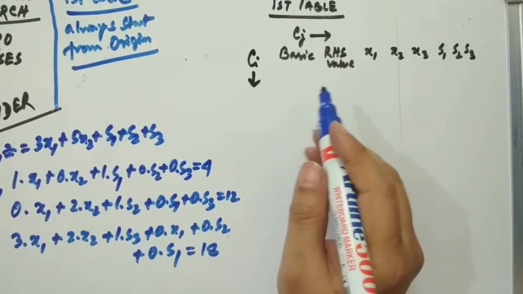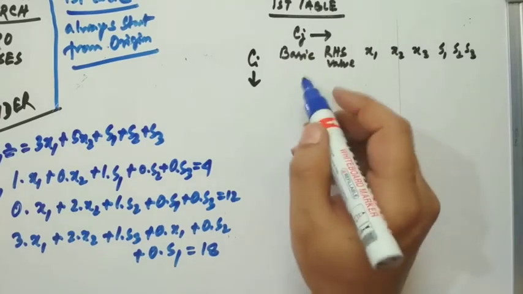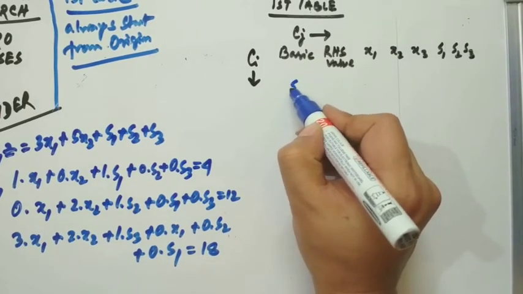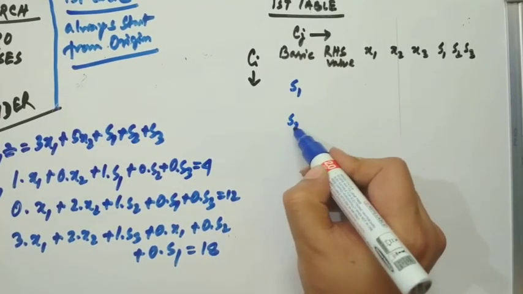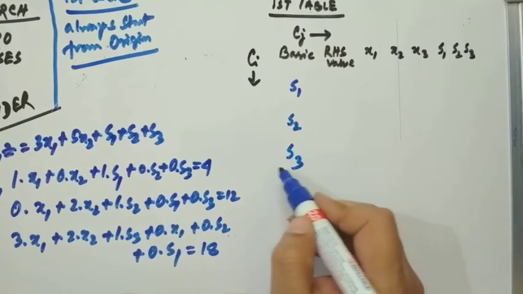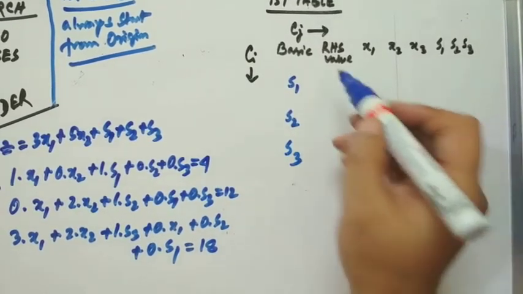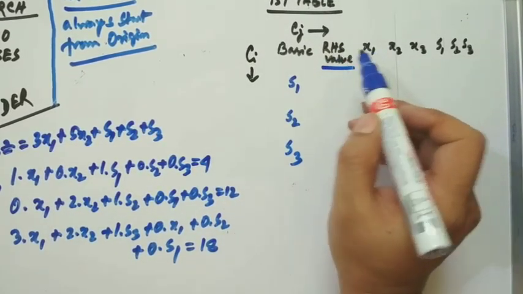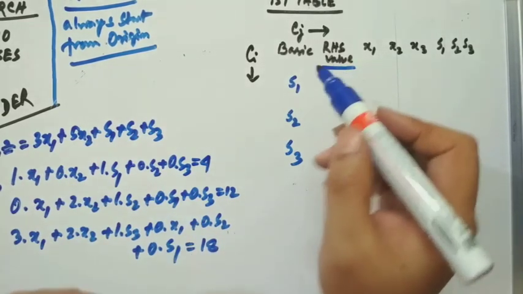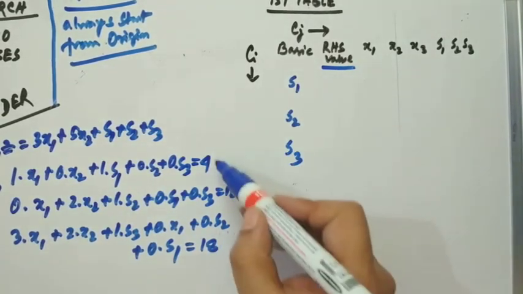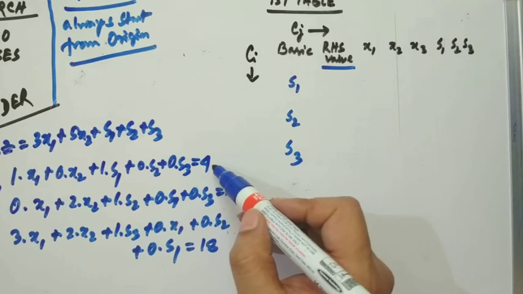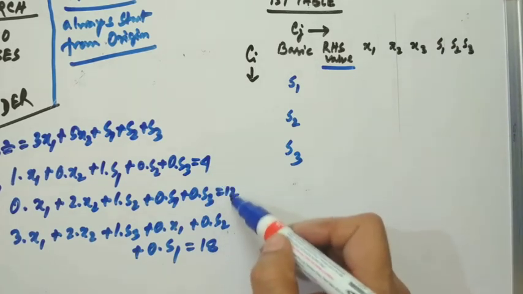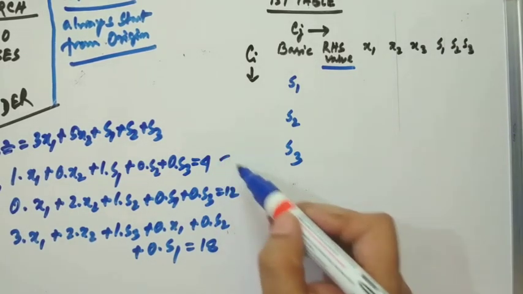I already told you s1, s2, s3 are the basic variables, so I will write them over here. Now this is the RHS value. What does that mean? RHS value means the values on the right hand side, the maximum value or availability of the resources, that is 4, 12, 18.